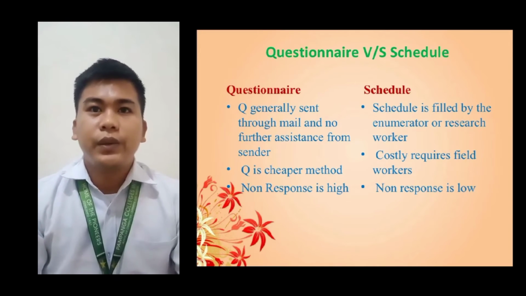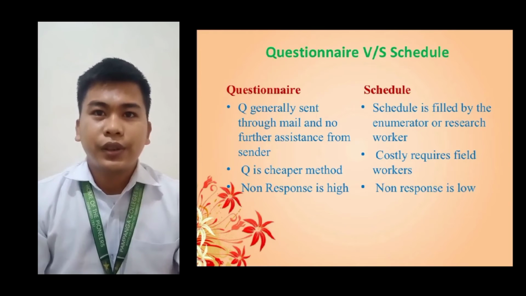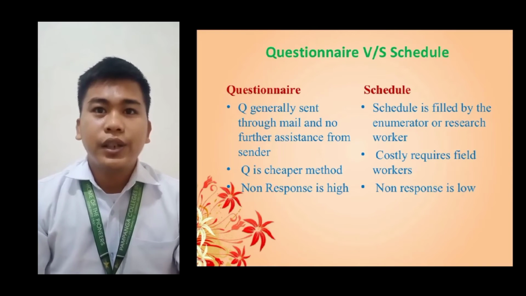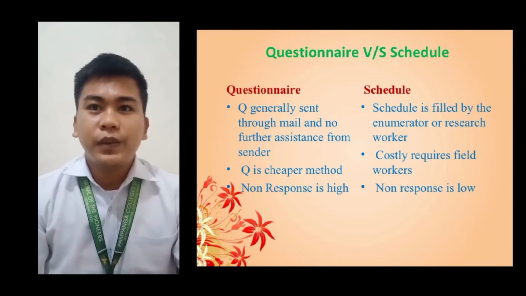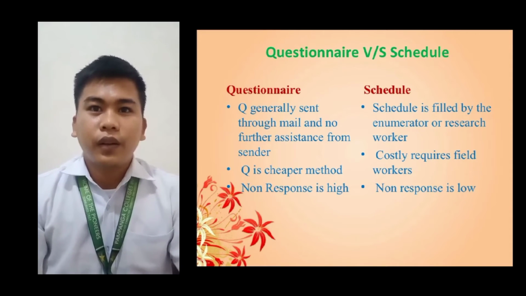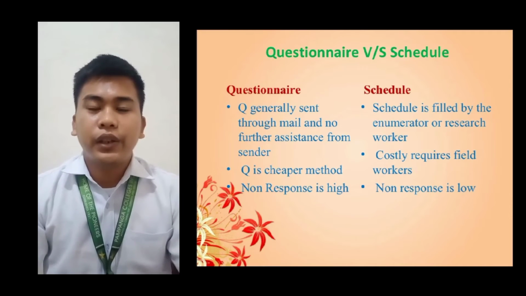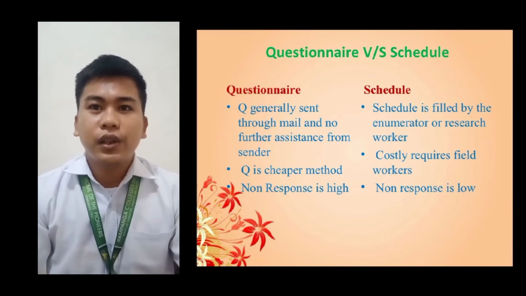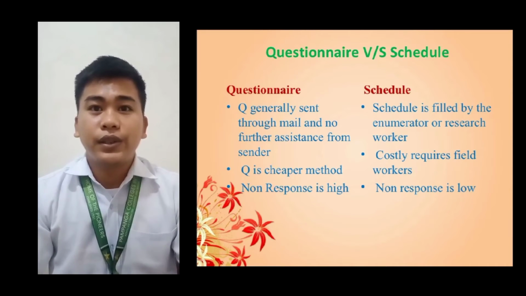Questionnaires versus schedule. Questionnaires are generally sent through mail with no further assistance for the sender, while a schedule is filled by the enumerator or researcher's worker. Questionnaire is a cheaper method, while schedule is costly and requires field workers.